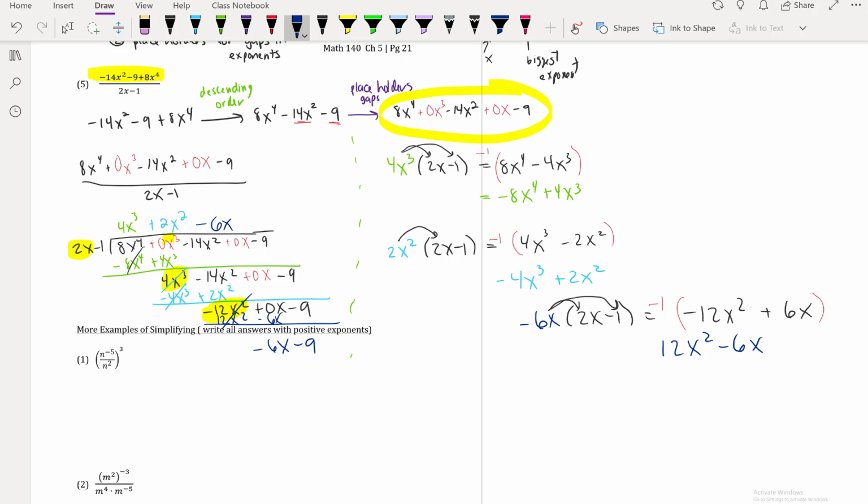So then from here, I think, okay, well, that 2x, what am I going to do with it? Well, I want to consider now that negative 6x. So negative 6 divided by 2 is going to be a negative 3. And x divided by x cancel out. So I have a negative 3 that's being multiplied by my 2x minus 1. So I end up getting negative 6x plus 3.